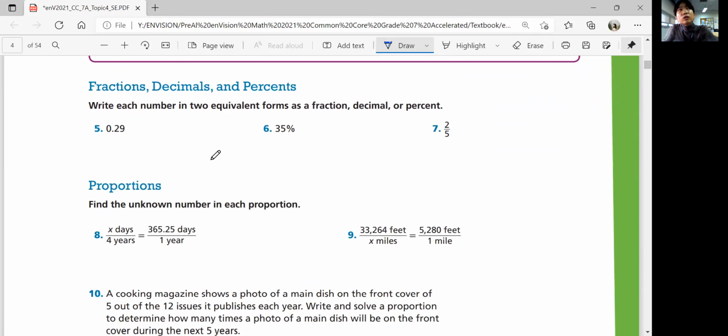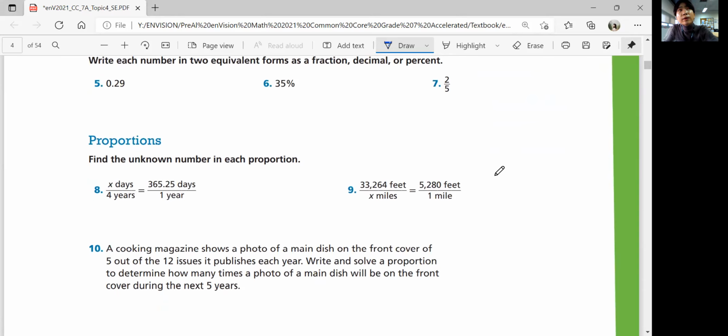Take a moment to see if you remember how to solve these problems. Come back when you're ready for answers. Number 5, okay? Check your answers. 0.29 in fraction would be 29 over 100.